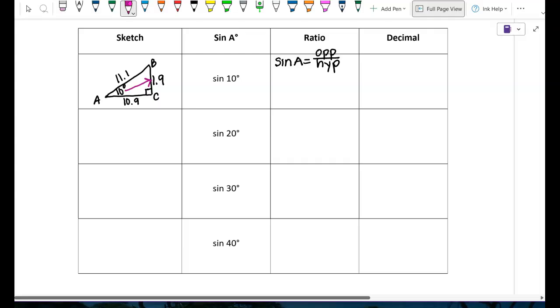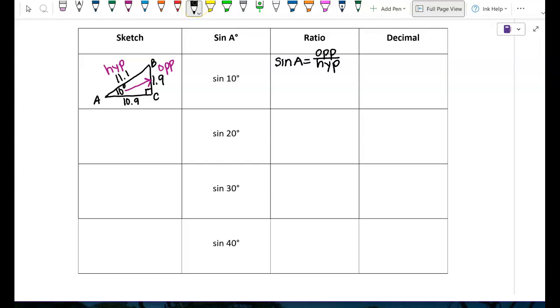The 1.9 would be my opposite. It's across from that 10 degrees, so that would be opposite the reference angle. Hypotenuse is always opposite the right angle, so the 11.1, and it has to be the longest side.